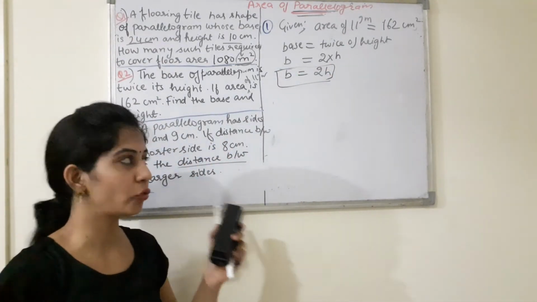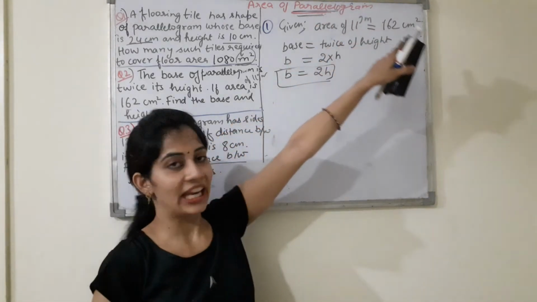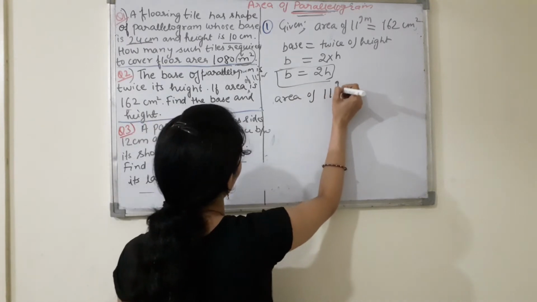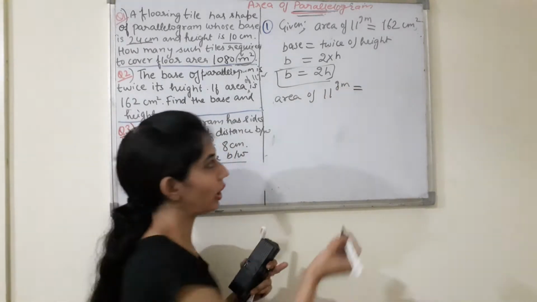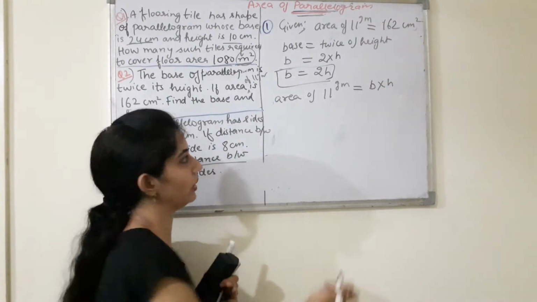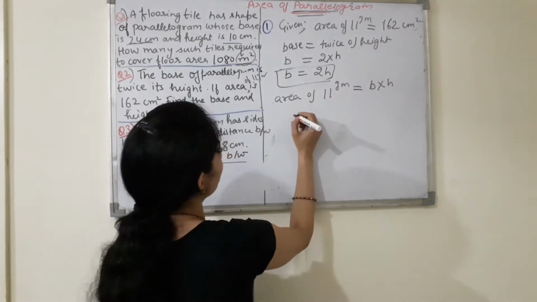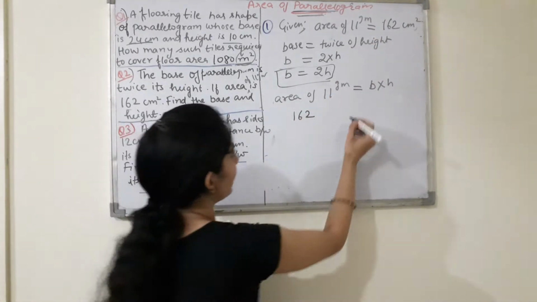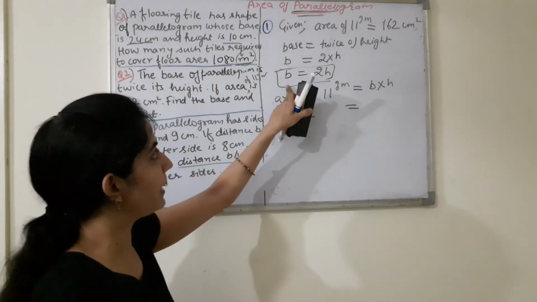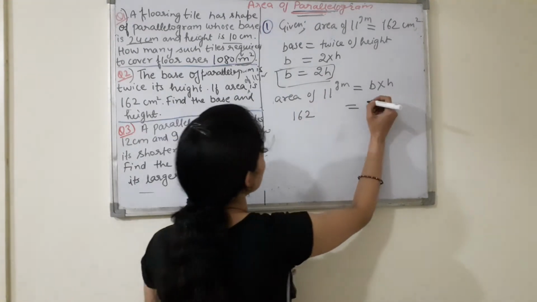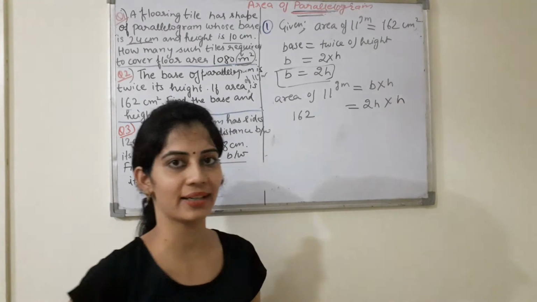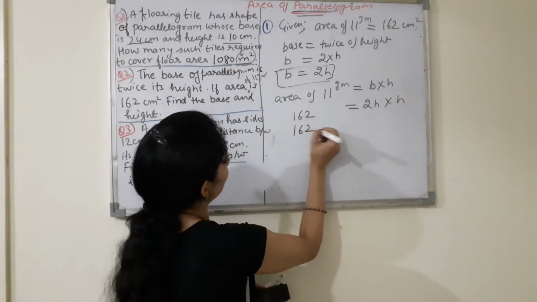Now, as we know the area of the parallelogram, we will write the area of the parallelogram. What is the area of the parallelogram? Base into height. Now simply put in the values given. The area of the parallelogram is 162, okay? Now the base is twice of h, it means base is 2h, right? Height you don't know, so you will write h as it is.